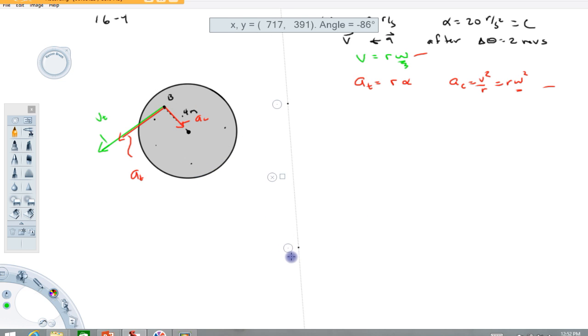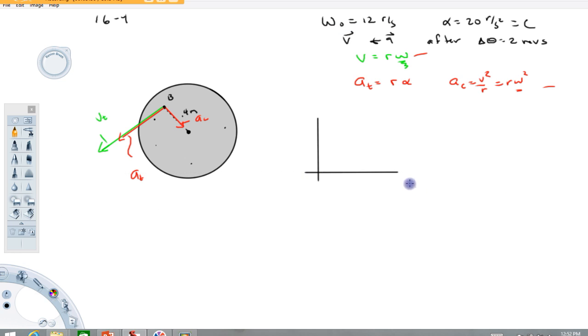Now, to get both the centripetal acceleration and the tangential velocity, we're going to need the rotation rate. So what you should do is a quick little graphical analysis of the motion of this object. Draw a graph of the angular velocity against time, keeping in mind it started at 12 radian per second.